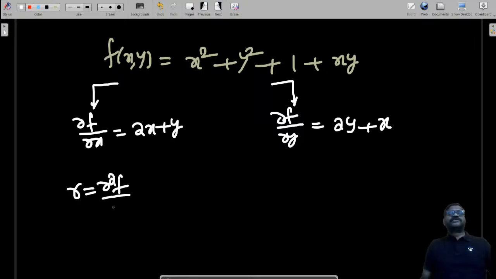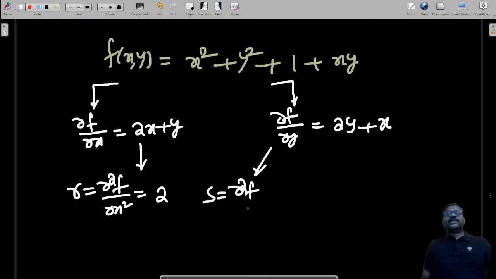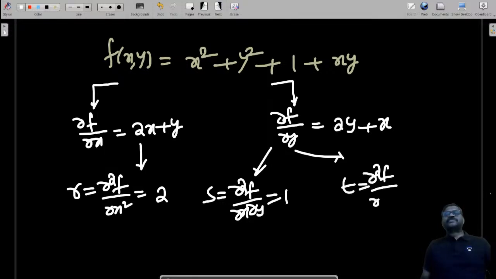Now r is ∂²f/∂x², that is 2. s is ∂²f/∂x∂y, that is 1. t is ∂²f/∂y², 2.